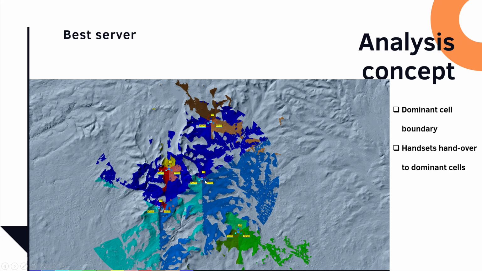If it's connected to this cell, you have a small search area to look after. So the best server is very important because it defines the dominant cell boundary. And this is what handsets use in the handover process, and in camping or connecting to the cell.